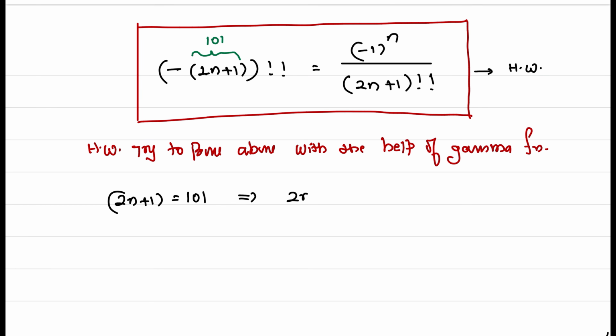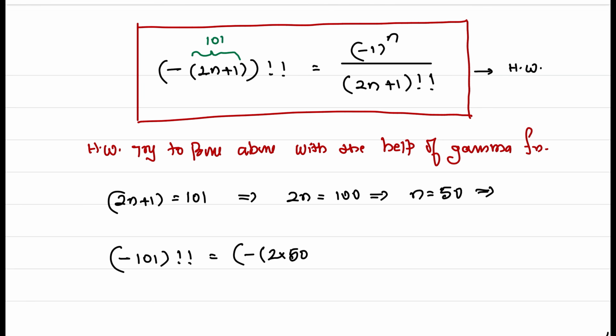That means 2n is equal to 100. That implies n is equal to 50. That implies minus 101 double factorial is equal to minus 2 into 50 plus 1 double factorial. Here n is equal to 50.